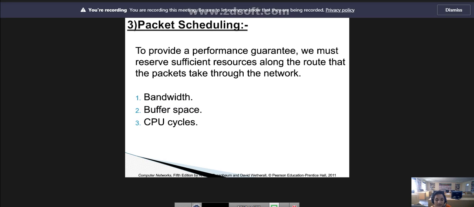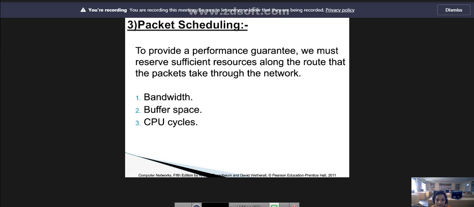We already described the most straightforward scheduler when explaining how routers work. Each router buffers packets in a queue for each output line until they can be sent, and they are sent in the same order that they arrived. The algorithm is called first in first out, or equally FCFS, first come first serve. This is called packet scheduling.